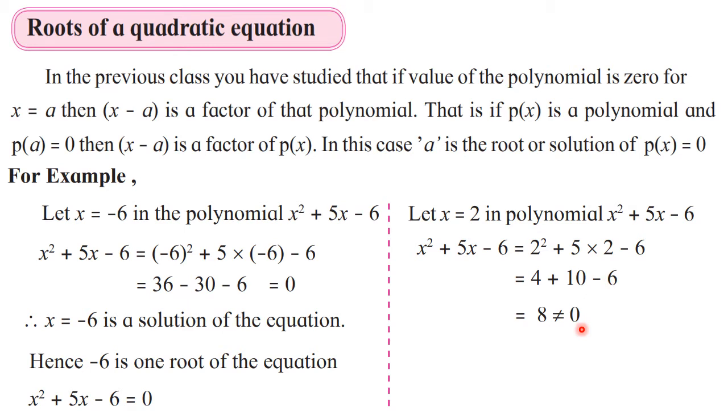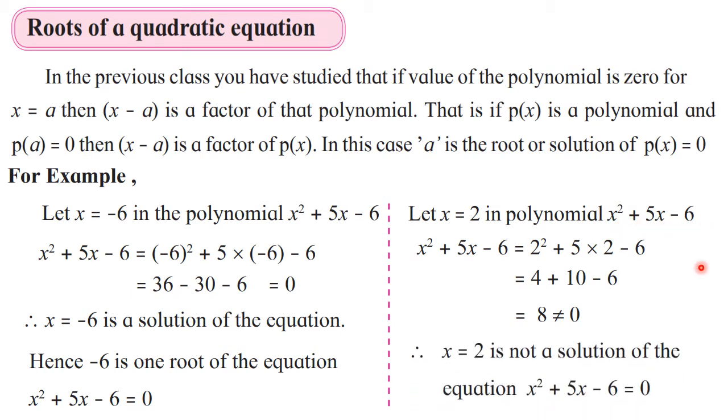So 8 is not equal to 0. So it does not satisfy the condition. See, x is equal to 2 does not satisfy the condition. We are not getting the value as 0. That is why we can say x is equal to 2 is not a root or not a solution of the equation x square plus 5x minus 6 is equal to 0.